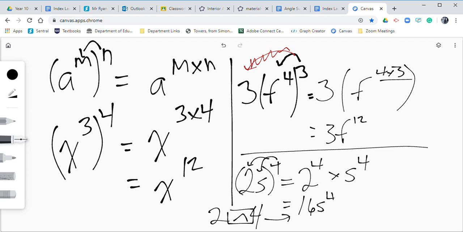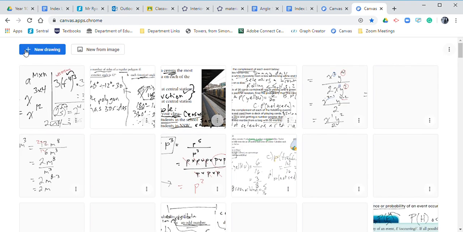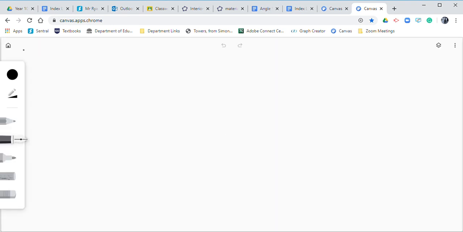That's how you would get to there. For my next example, I'll just need another screen to write on. Let's get that new drawing going. This time we're going to do another example. It will be (x to the power of 2, y to the power of 3) to the power of 5. That means everything inside the brackets is to the power of 5.